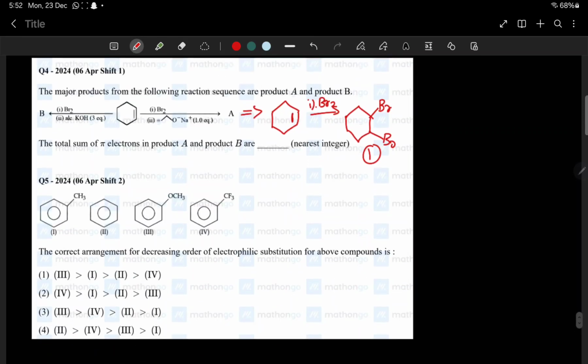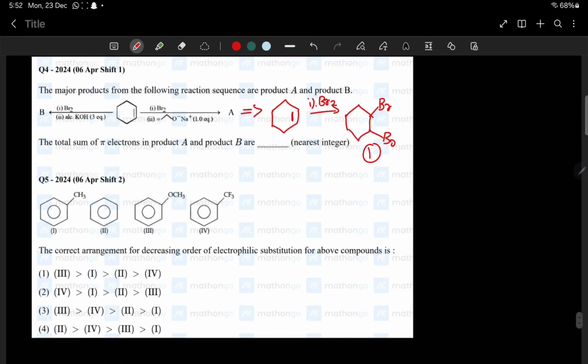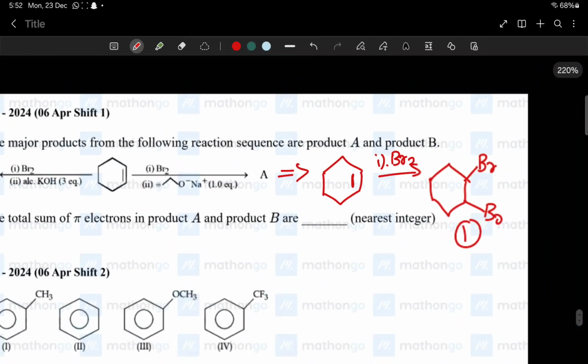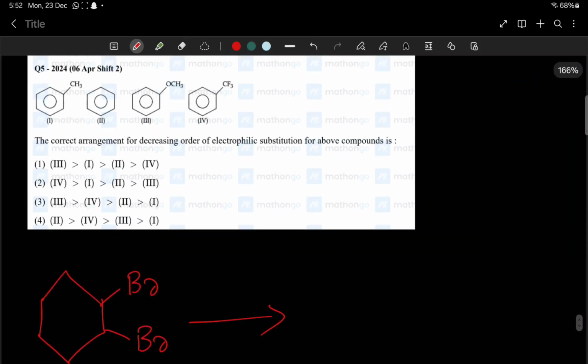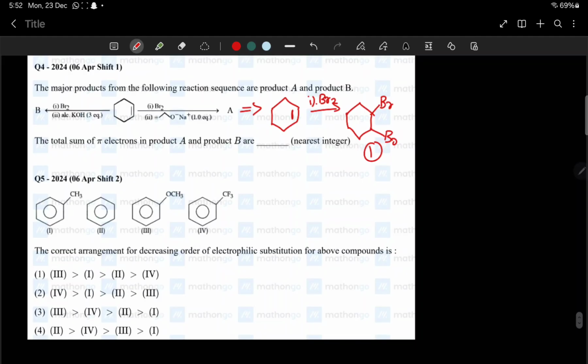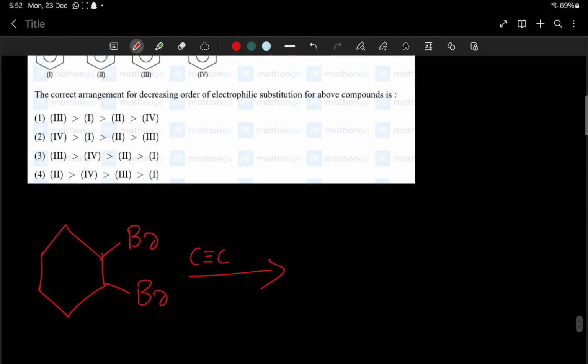Now this product is reacted with a nucleophile, that is, C triple bond C, C-O minus Na plus.